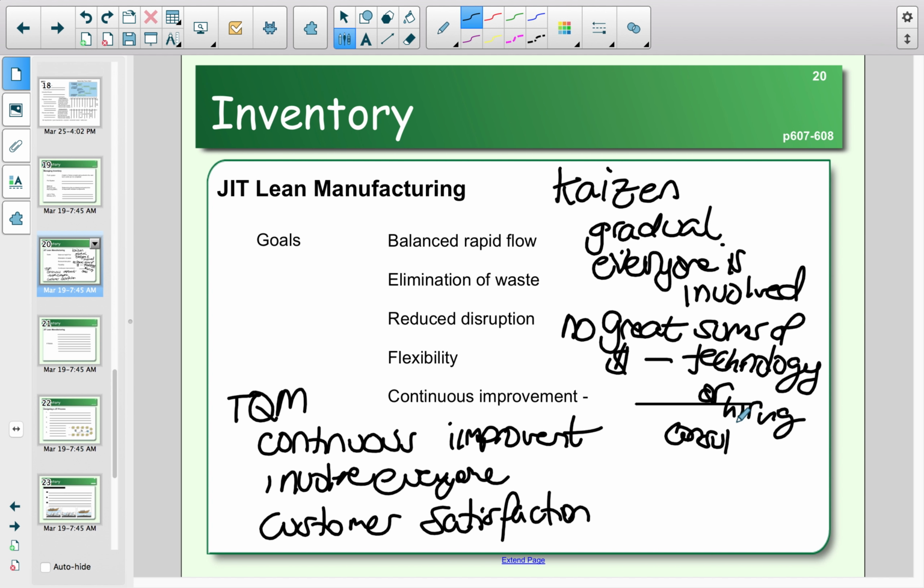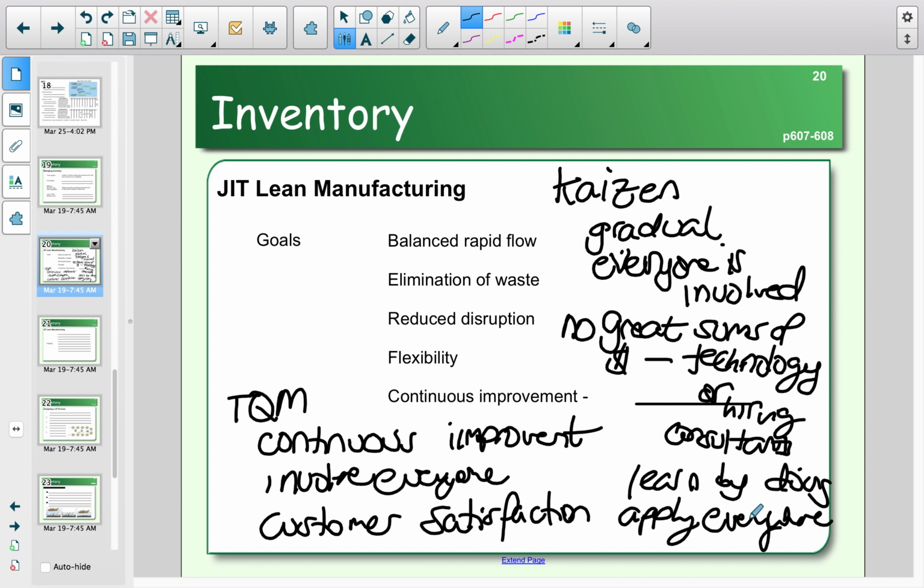What we're going to do is we're going to learn by doing. We're going to come up with ideas that we can apply everywhere. And we're going to get these ideas from direct observation and data collection.